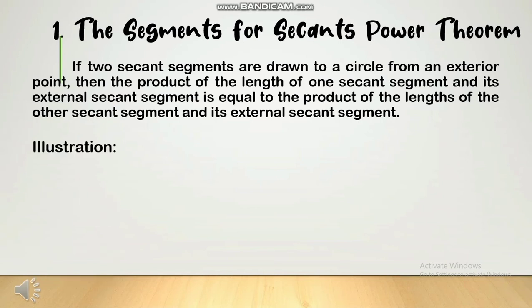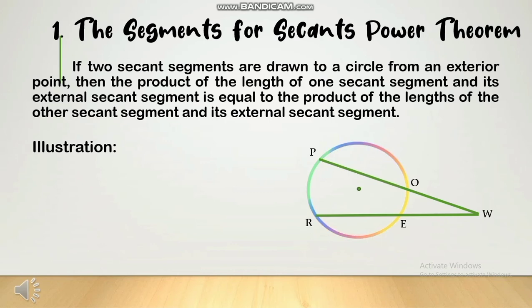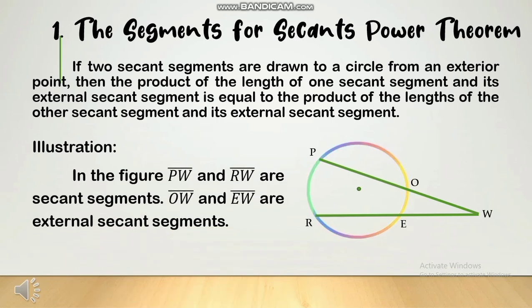In the figure, we have segments PW and RW, which are the secant segments, and segments OW and EW as the external secant segments.